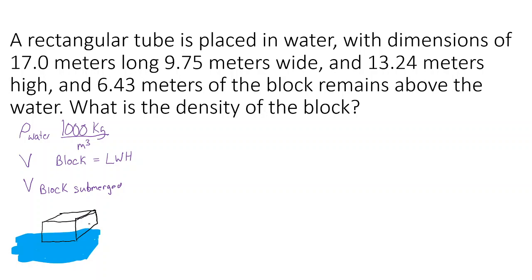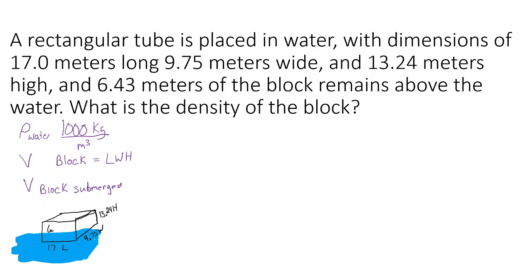All right, and it says that the dimensions of the boat are 17 long, 9.75 wide, and a total of 13.24 high. But then it says 6.43 remains above the water.